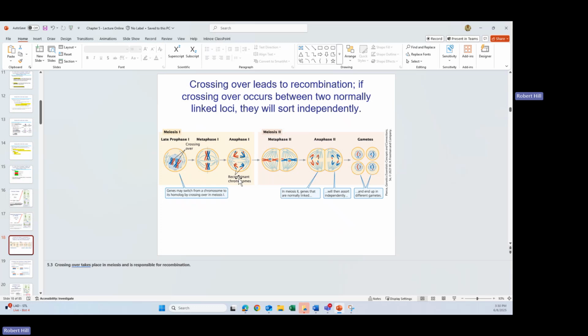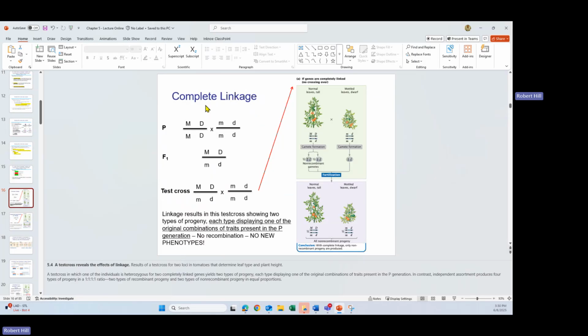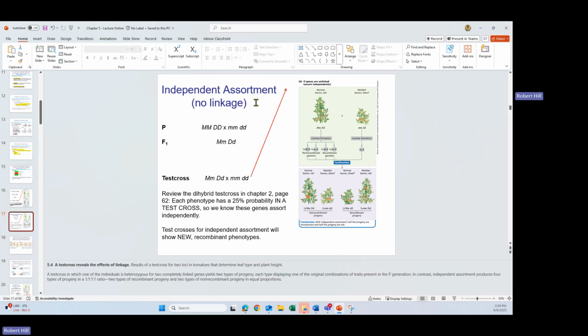All right, so how does it get wacky? Well, I think as you can see, using test crosses, it's very easy to distinguish between complete linkage and independent assortment. And also, I just want to revisit, because I didn't state this, if you're trying to do Punnett squares here for all this stuff, you're going to drive yourself crazy, right?